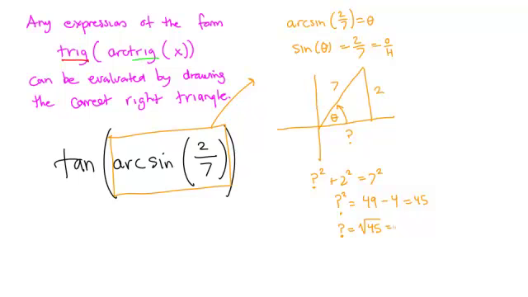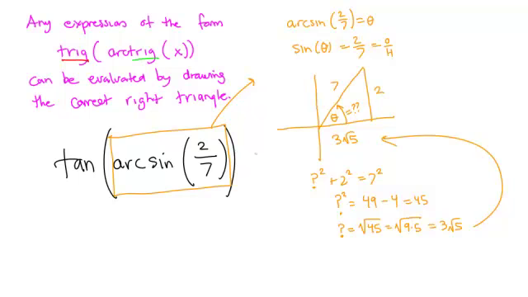You might notice that the square root of 45 is actually the square root of 9 times 5, and the square root of 9 is 3. And so we could write this as 3 root 5. And so what we have here is a 2, 3 root 5, 7 triangle. This is not one of the ones I have memorized, and so that means I don't know exactly what this angle is.